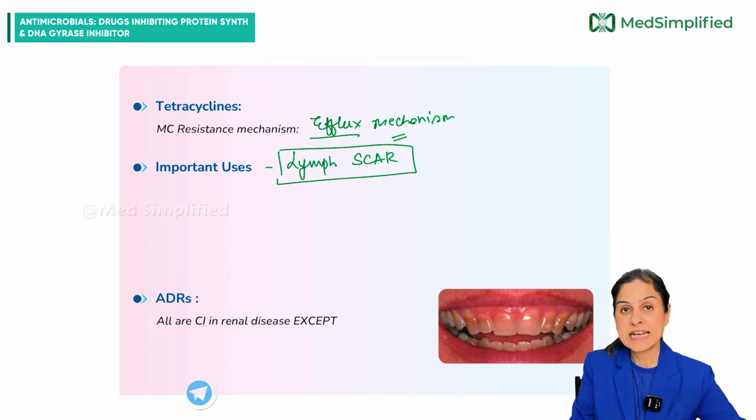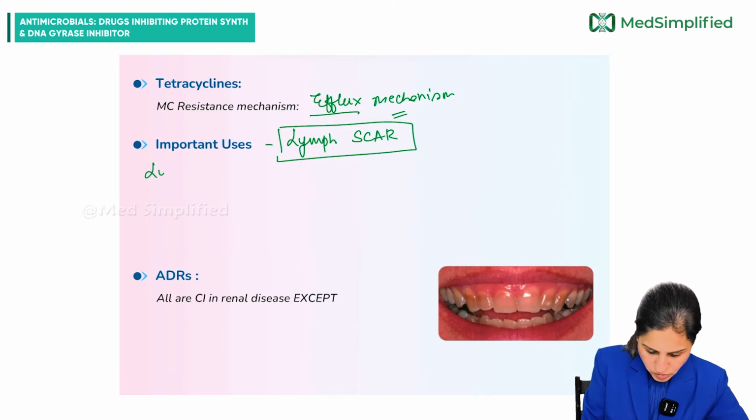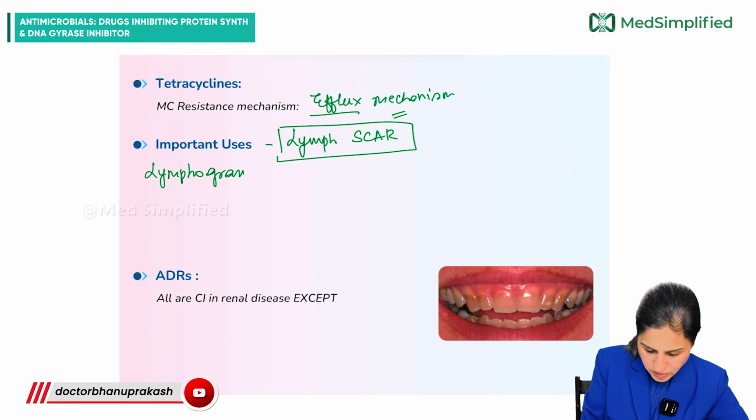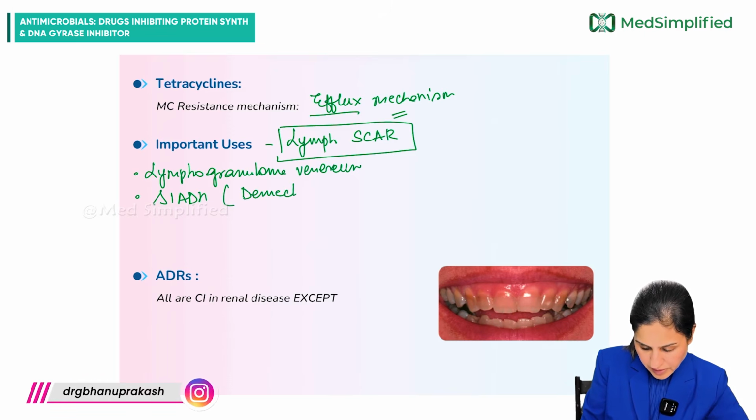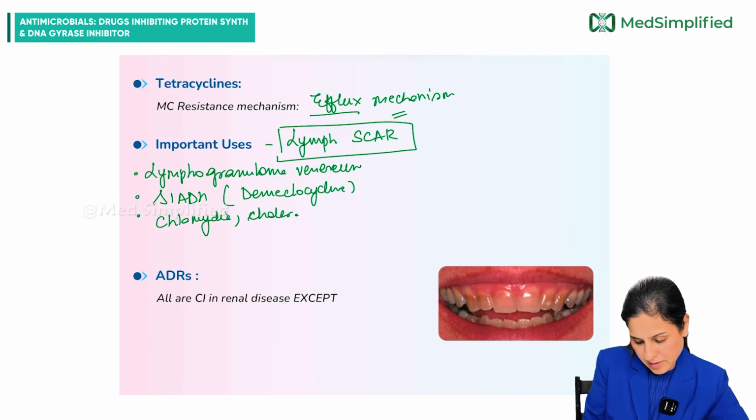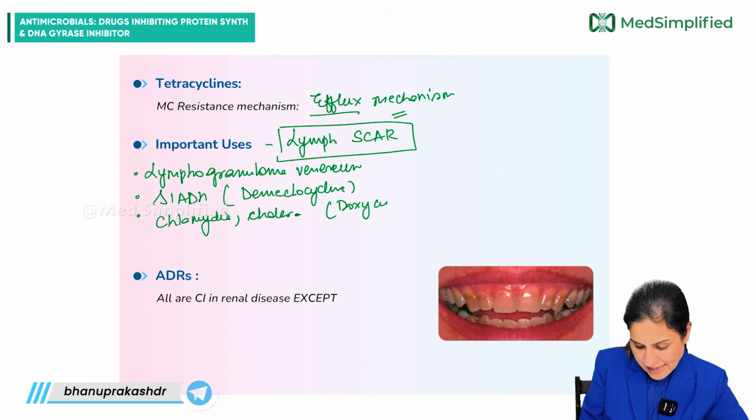Okay. Now, the important uses: how can you remember? We can remember a mnemonic, LymphScar. Remember, LymphScar. So, it can be used in lymphogranuloma venereum. Then for the S, and C stands for chlamydia, cholera, and we can use doxycycline.